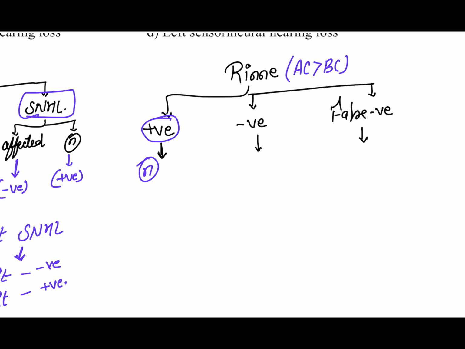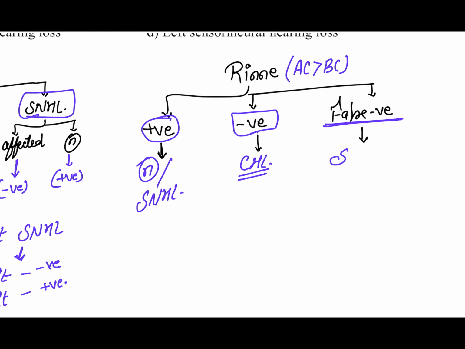So a normal person can show this, or a person with SNHL can also be positive for the Rinne test. It will be negative in a person with conductive hearing loss. Why is it negative in them? Because conduction is the problem. That's why air conduction is not proper, so they will have a negative Rinne test.